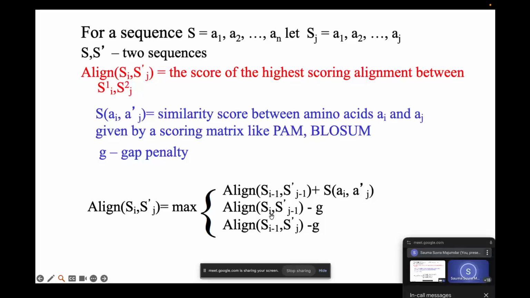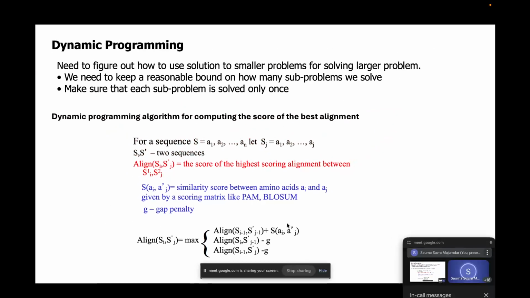But when you are moving from any of these left or top elements, i and j minus 1 will be the left element, you're introducing a gap. The next two are your horizontals. When you're moving horizontally, you're always putting a gap. When you're moving diagonally, you're putting a match or a mismatch.